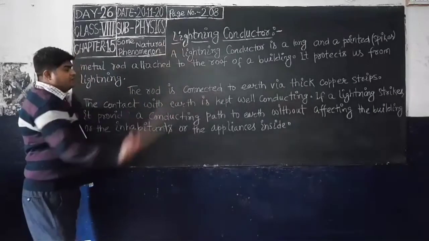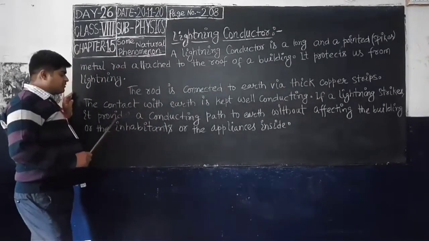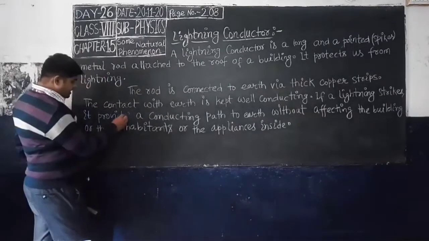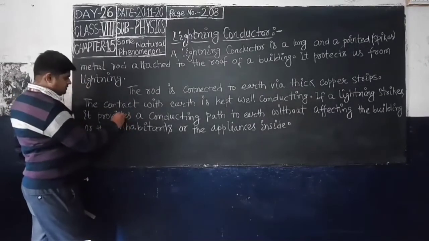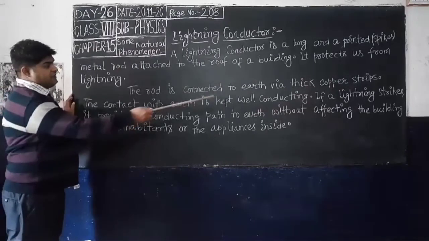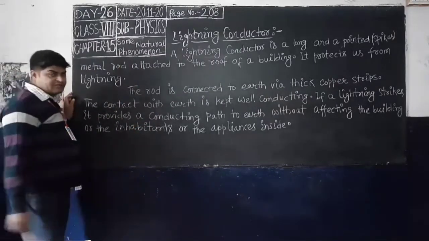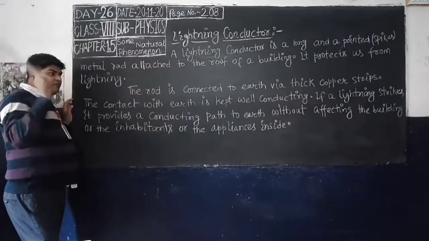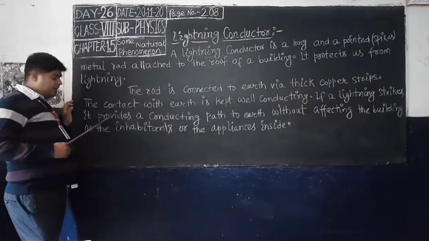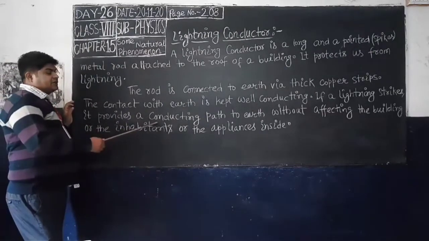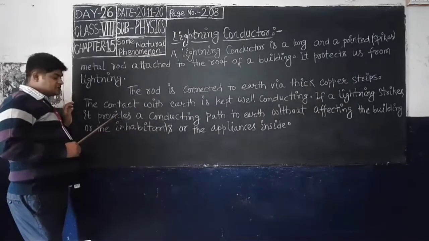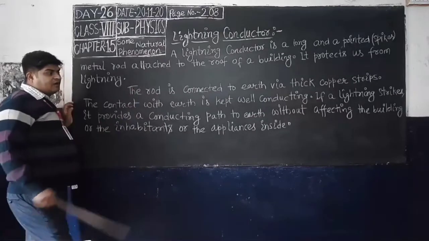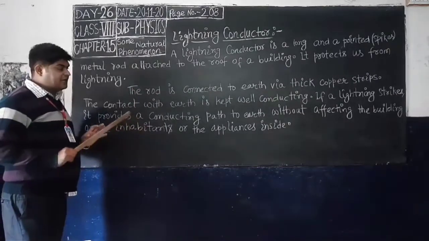If lightning strikes the roof or the wall, the lightning conductor provides a conducting path to the earth without affecting the building.